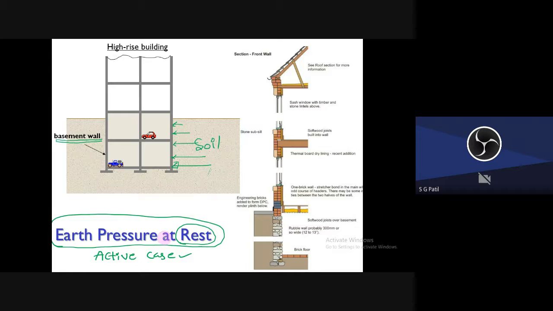Why can't I design? Because if you design for the active case, then what will happen? The wall will move away from the backfill. Away from the soil, this basement will move. Once this basement is moving away a little bit, even a few inches, what will happen to your superstructure?